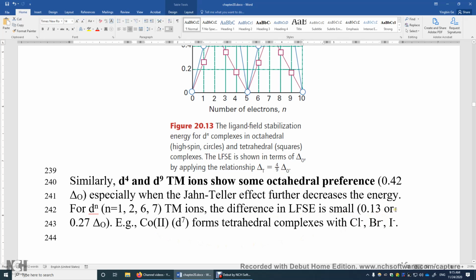They form only 4 bonds with those halides. So it's going to be, I think, tetrachlorido, bromido, or iodido cobaltate, because overall the charge is going to be -2. You have 4 negative charges on the 4 chlorides, and then you have +2 charge on the cobalt transition metal center. So it's cobaltate in the end.